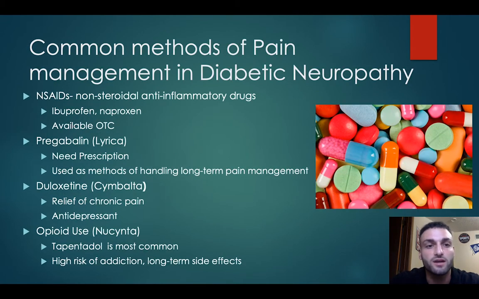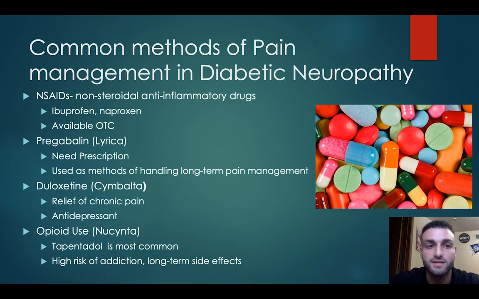Next, I just want to talk about some pain management in diabetic neuropathy. The treatment goals in diabetic neuropathy include pain modulation, enhanced glucose control, restoration of function, and patient education. With common methods of treating diabetic neuropathy, you tackle the pain modulation, restoration of function, and education if you can follow the guidelines of when to take drugs and how to do it properly and safely.